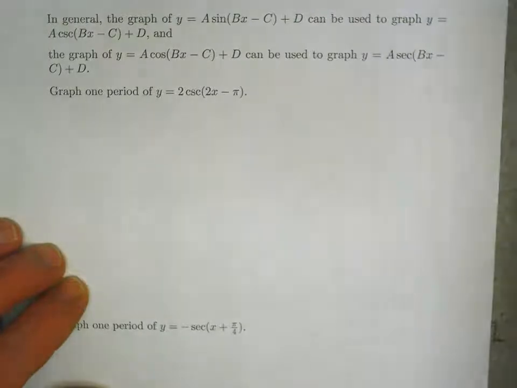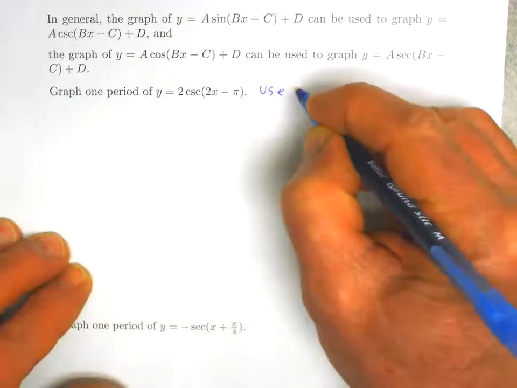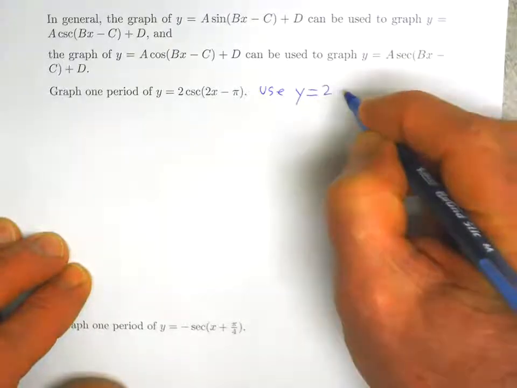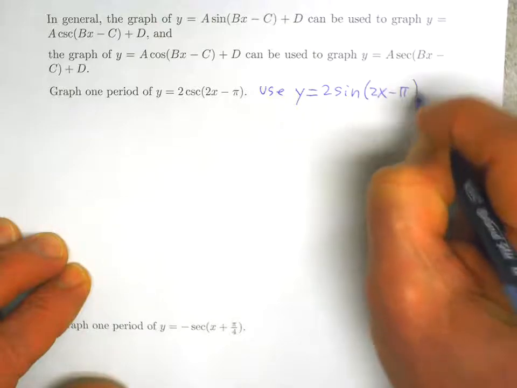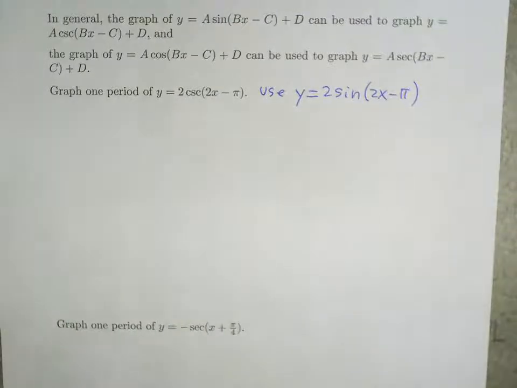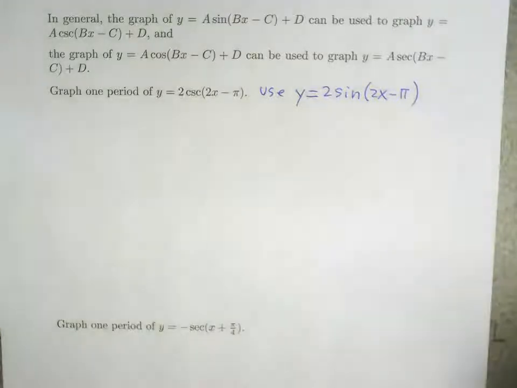I'll just write, use the graph of y equals 2 times sine of 2x minus pi, and do what we did on the other examples to get a graph of the cosecant function.